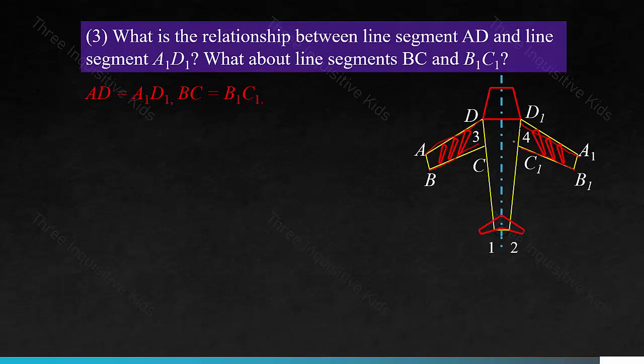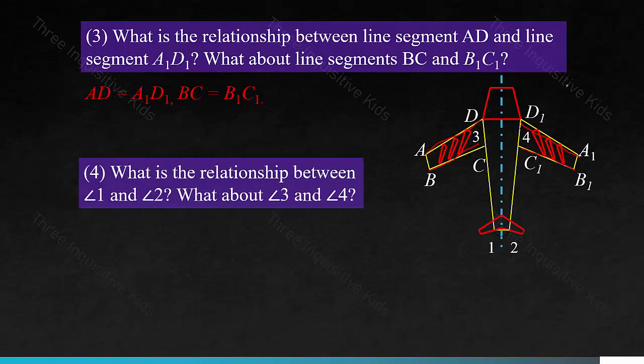Because we are already given that this is a symmetric figure, both sides of the axis of symmetry are equal. What is the relationship between angle 1 and angle 2, 3 and 4? Angle 1 equals angle 2 and angle 3 equals angle 4 because they are in a symmetric figure.